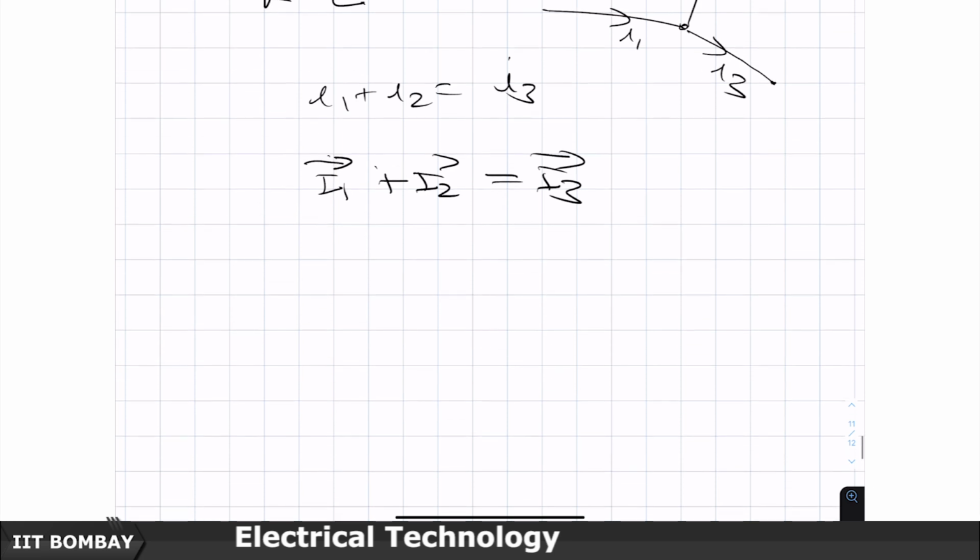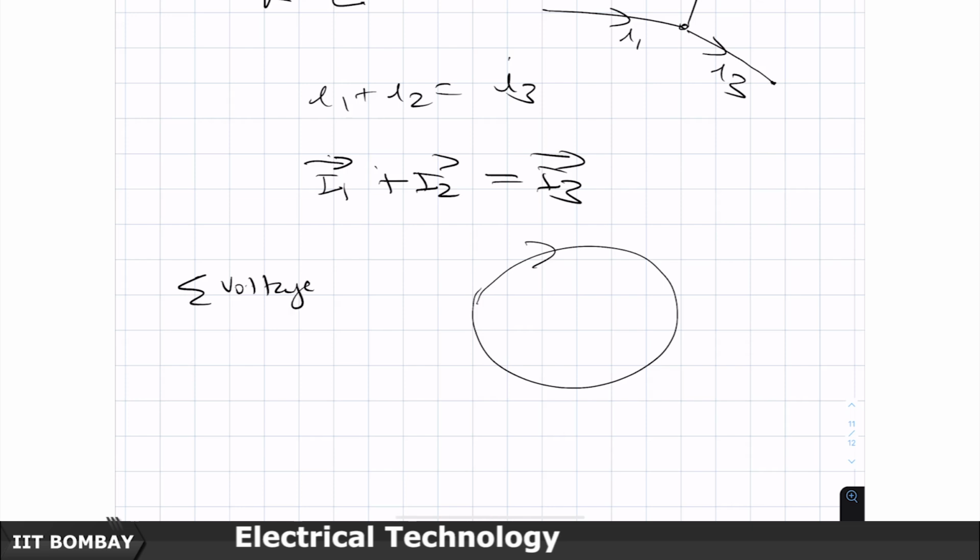Similarly, if I go across a loop in a circuit, then the summation of the voltage rises is equal to the summation of the voltage drops, just like what we did with the series RLC circuit.